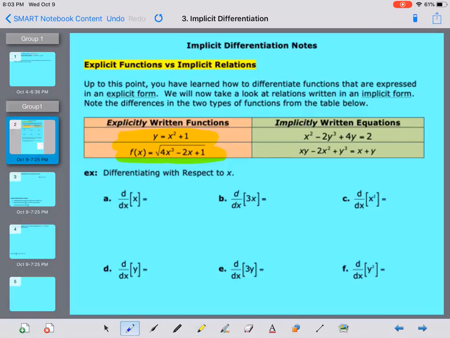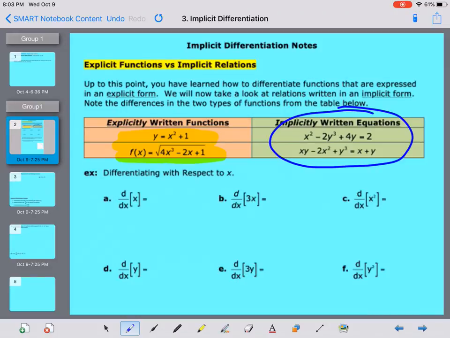But we can come across equations that look like that. A lot of times we call these implicitly written equations. These are not functions, but they can be graphed. There's still a relationship between an independent and dependent variable.